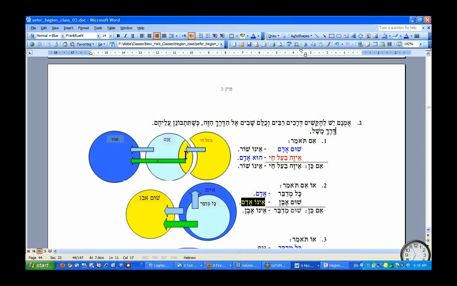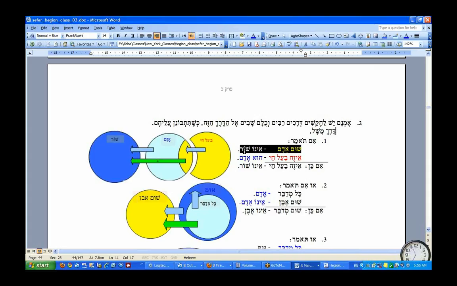Exactly. Is not a person. So then we're going to come from there and say that Shum Medaber, there is no Medaber that is not a stone. Or in English it would say no Medaber is a stone. But there's a lot of things to recognize here. Both of these statements have a sholel in them.